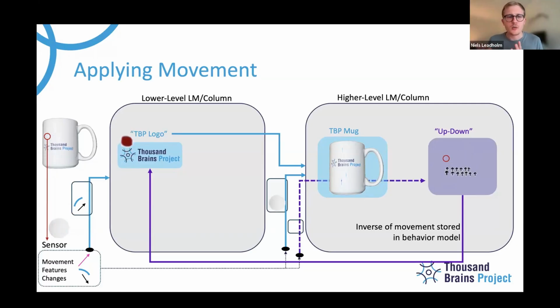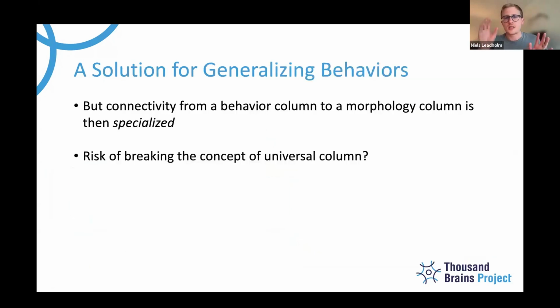Now suddenly behavioral columns and morphology columns are sending different types of connections, and that starts moving away from the idea that all columns are the same, Mountcastle, etc. So just a simple observation, summarizing what I was just saying.